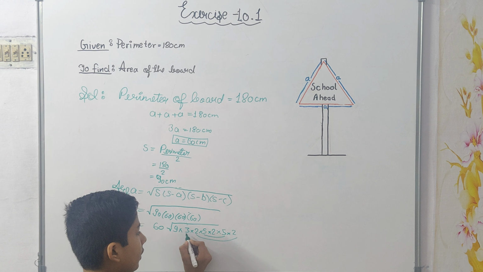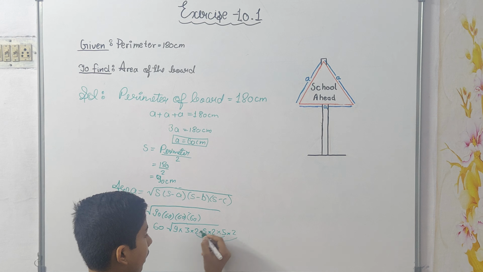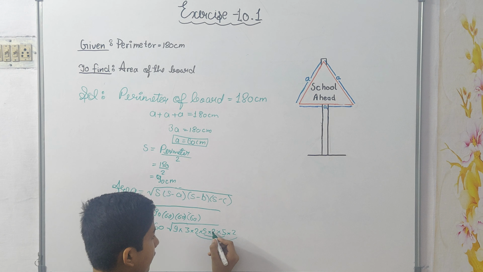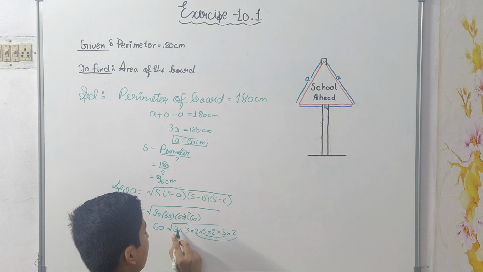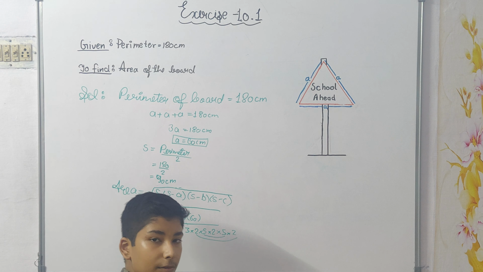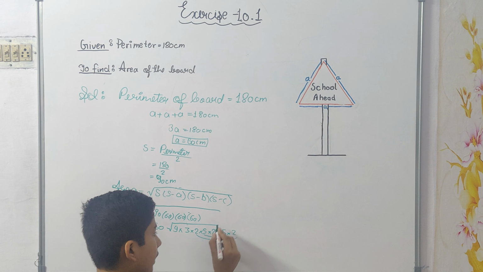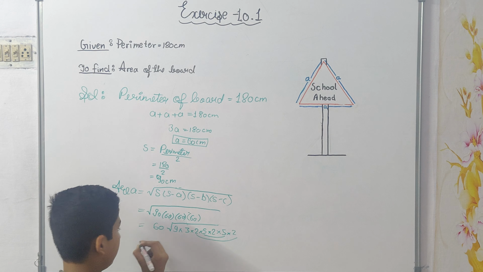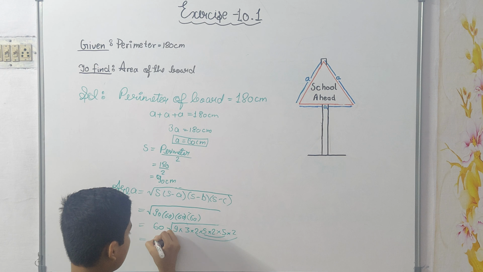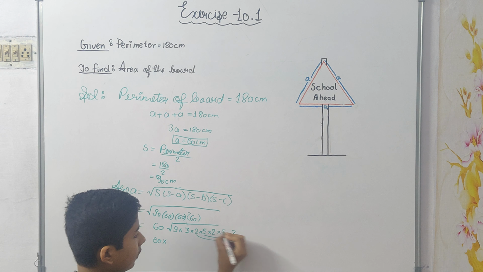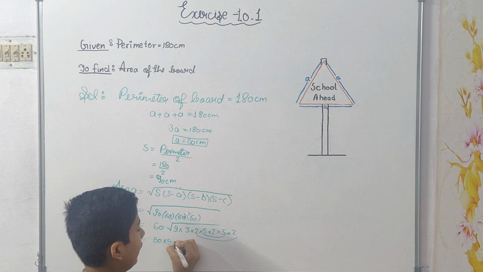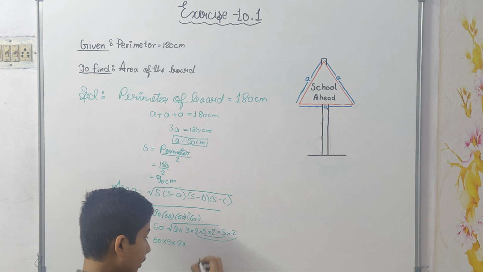Let's check again: 3 into 2 is 6, 6 into 5 is 30, 30 into 2 is 60. Yes, correct. And 9 into 5 is 45, into 2 is 90. Yes, correct.